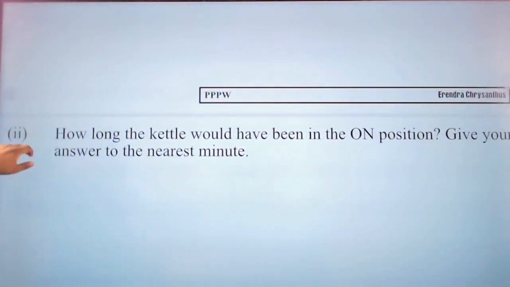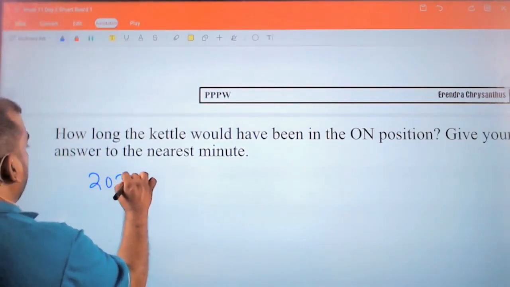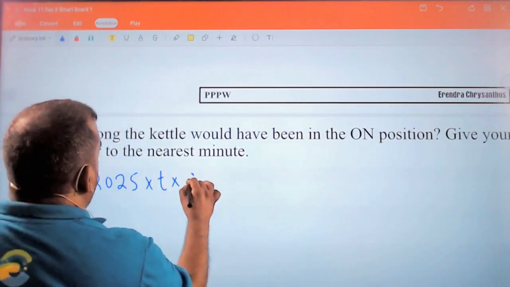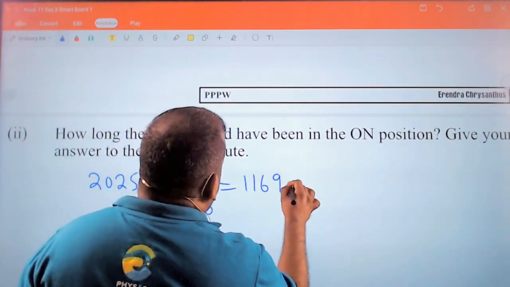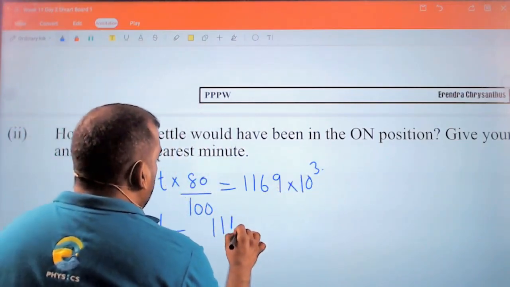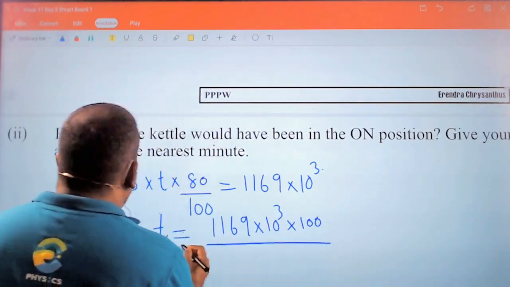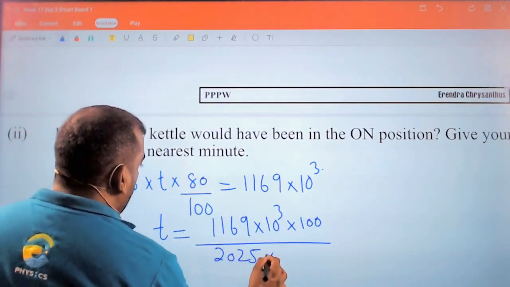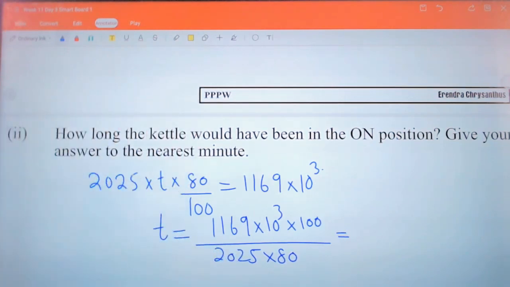How long will the kettle be in the on position? 2025 times time times 80%. That is 1169 kilojoules, time 1169 10 to the power 3 multiplied by 100 divided by 2025 into 80. Time in seconds you can find.